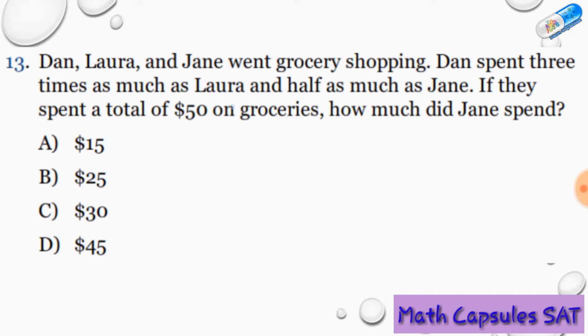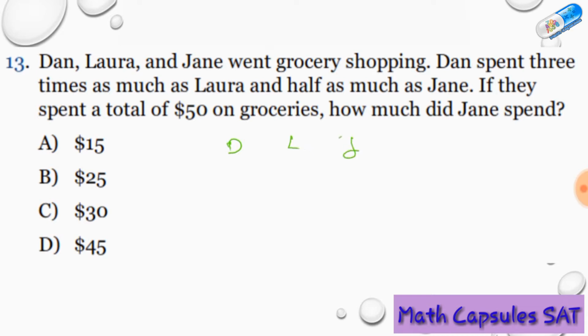Dan, Laura, and Jane went grocery shopping. Dan spent 3 times as much as Laura and half as much as Jane. If they spent a total of $50 on groceries, how much did Jane spend? First, we ask ourselves, who spent the most money?